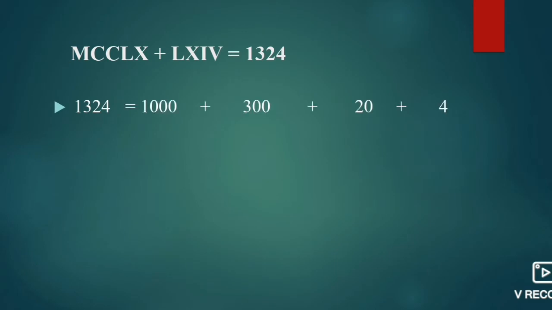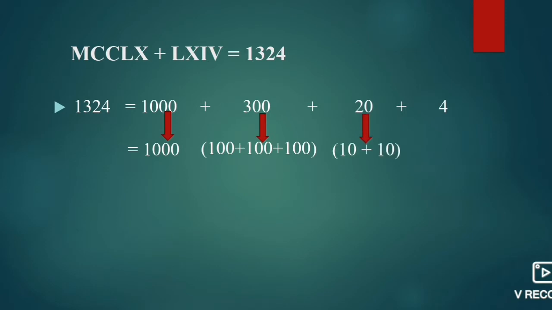1324 can be expanded as 1000 plus 300 plus 20 plus 4. Now, 300 can be written as 100 plus 100 plus 100. 20 can be written as 10 plus 10 and 4 can be written as 5 minus 1.